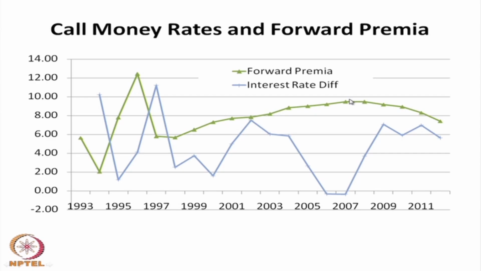So when the interest rate differential between the Indian call money market and your Fed fund rate increases, the forward premium increases, because potentially more dollars will come to India to take advantage of the arbitrage opportunity of high interest rates, and this will fluctuate the Indian rupee, and the rupee may depreciate further.